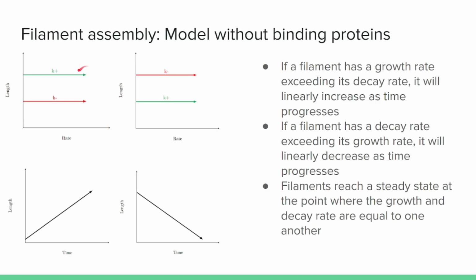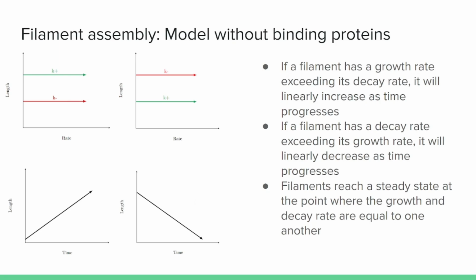If a filament has a growth rate that exceeds its decay rate, it will linearly grow as time progresses. And if it has a decay rate that exceeds its growth rate, it will linearly decrease to 0 as time progresses. Neither of these conditions lead to length control.